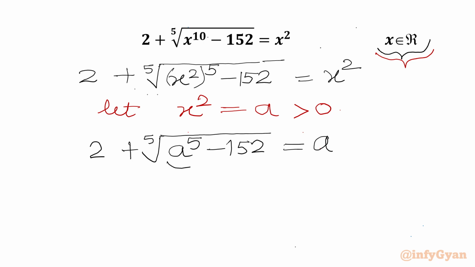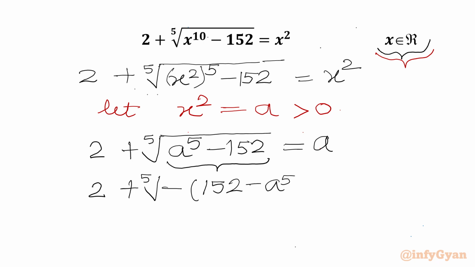Now I can take minus common from this radicand. So it will become 2 plus fifth root of minus of (152 minus a power 5), and RHS will be a.